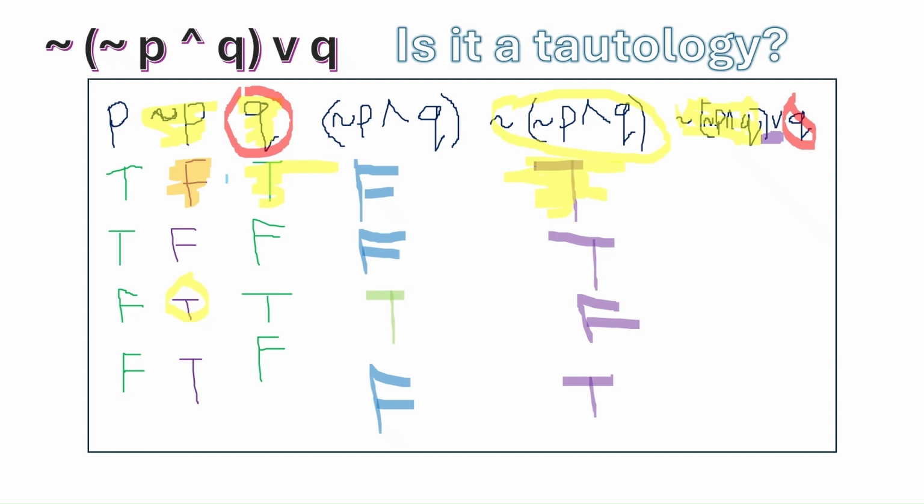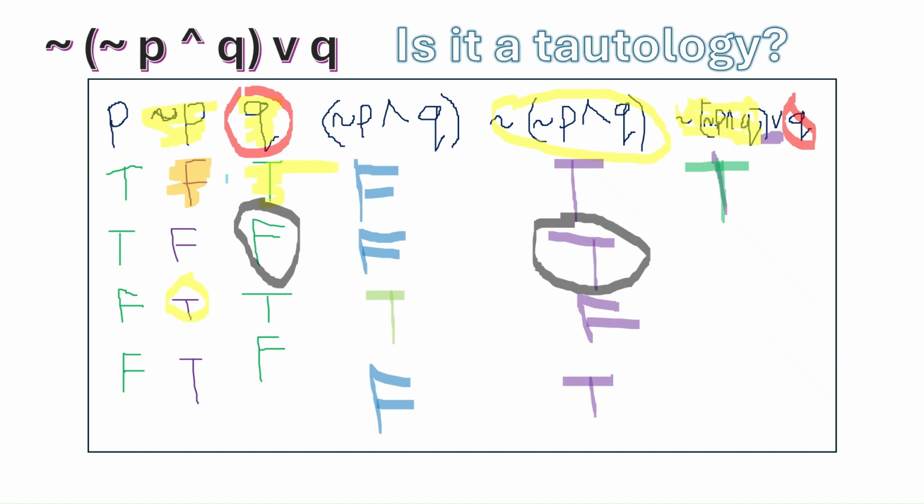So true and true is true. Then we have false and true, which means it's true.